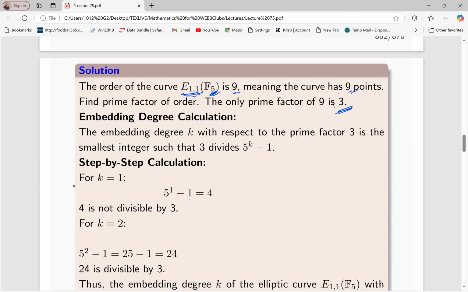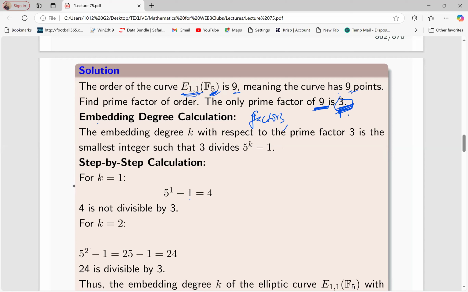I use a different code to give me the order, and then using my own ways, I get the factors. And once I have the factors, now I do the one for the embedding degree. I'm just giving it one of the factors.